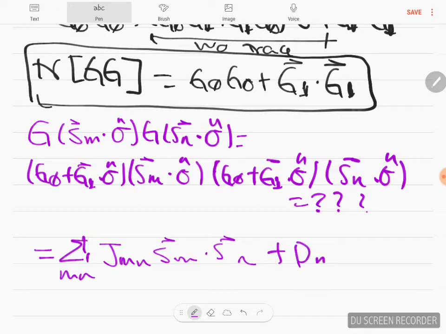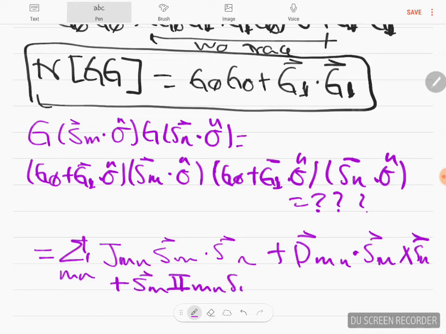There will be something else, some vector that will dot multiply the cross product of Sm and Sn, and then an antisymmetric tensor which will have this form. We should obtain something like this from this calculation.